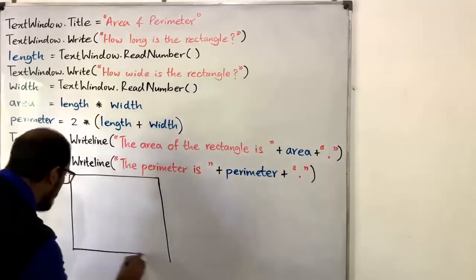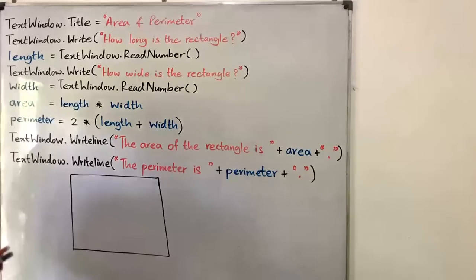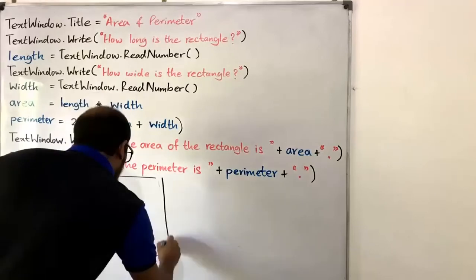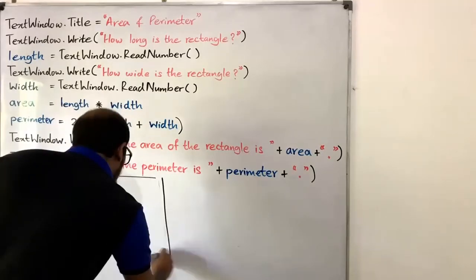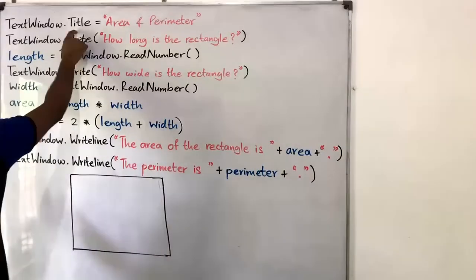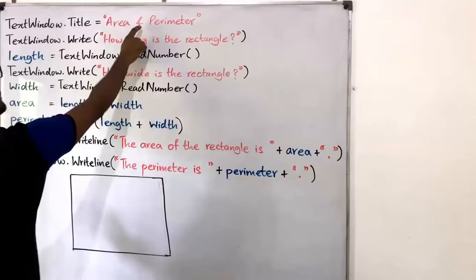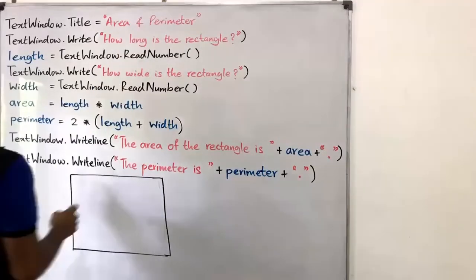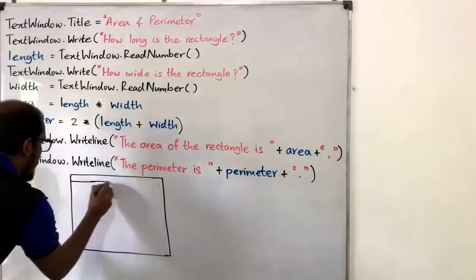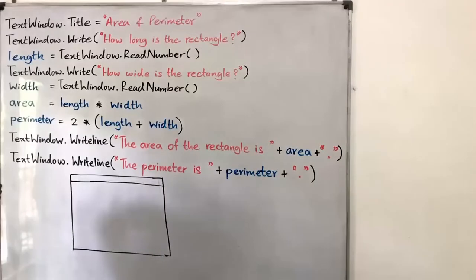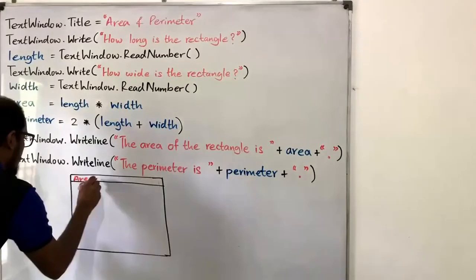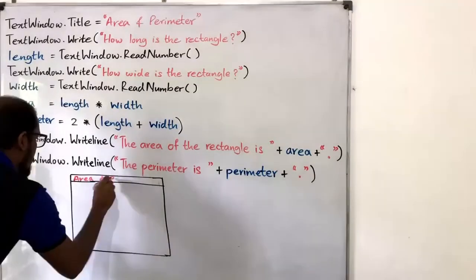Let's imagine this is the text window. In the first line, the title of the text window has been set to area and perimeter. The title is shown at the top. So what is the title? Area and perimeter. That's the thing.